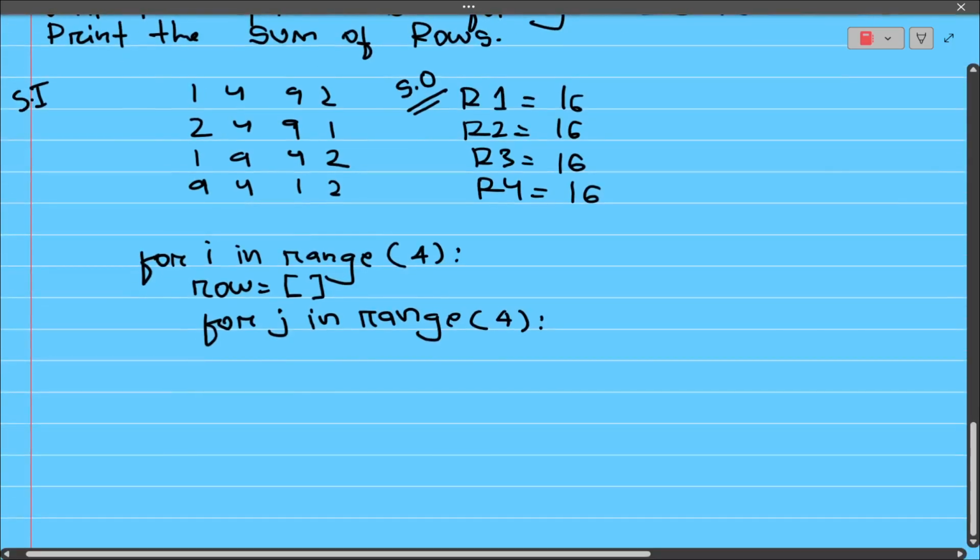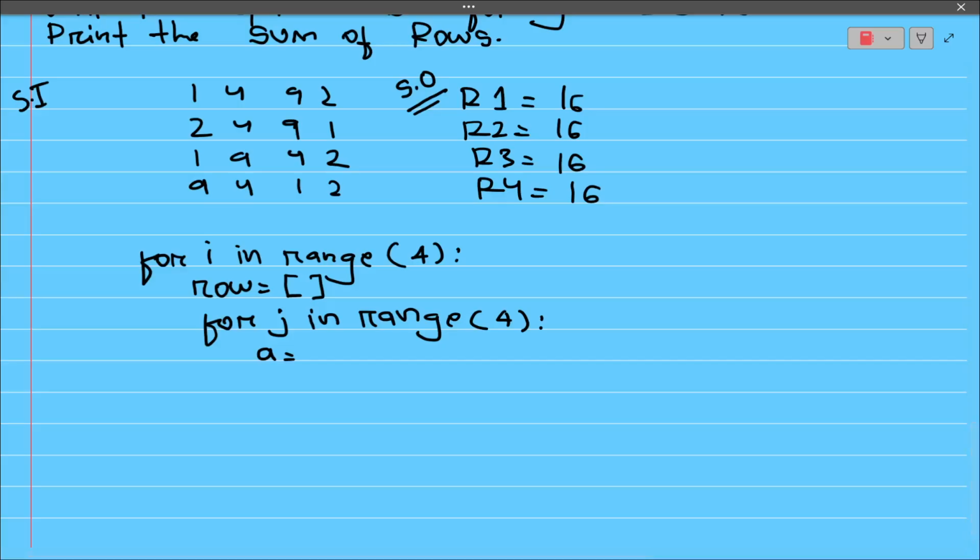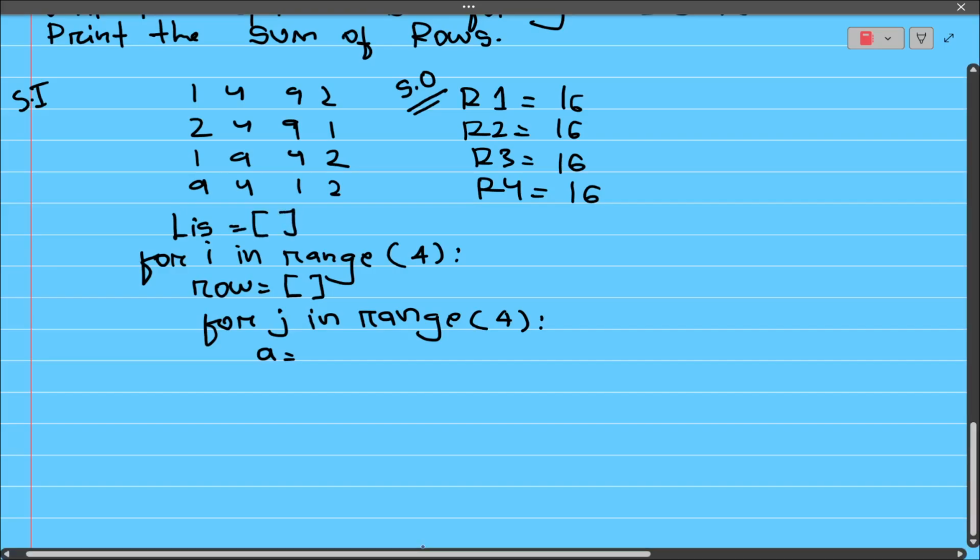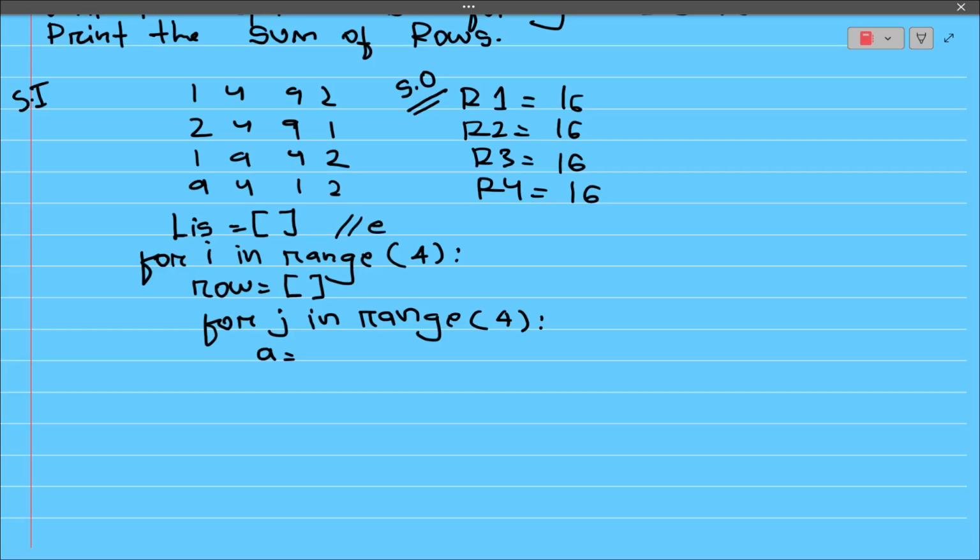So every time I will be accepting, let me write. Here let me take this list that I have just written, this is my entire list, and this row that I have written right now is my nested list.